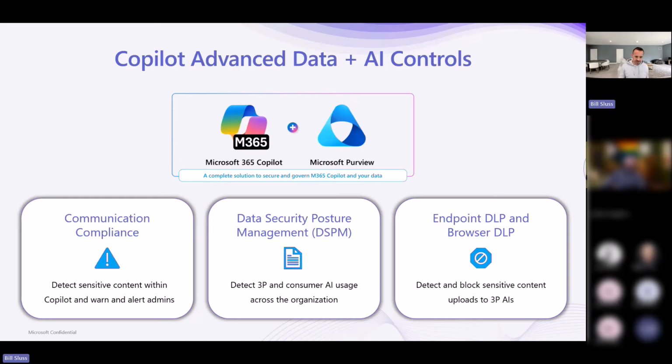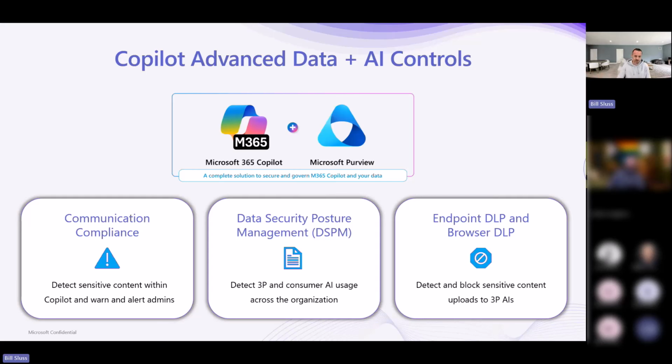Data security posture management is another great tool, in particular, not just in the context of Copilot, but as you're thinking about AI enablement, we know students, faculty, staff, they're already using third-party consumer AIs within the organization. And so it implies risk in that if you don't lock down and secure that flow of information from the user out to those consumer AIs, you can find that a lot of PII finds its way into AI that doesn't offer the same level of protection that you get with enterprise data protection and keeping data within the tenant boundary, right?